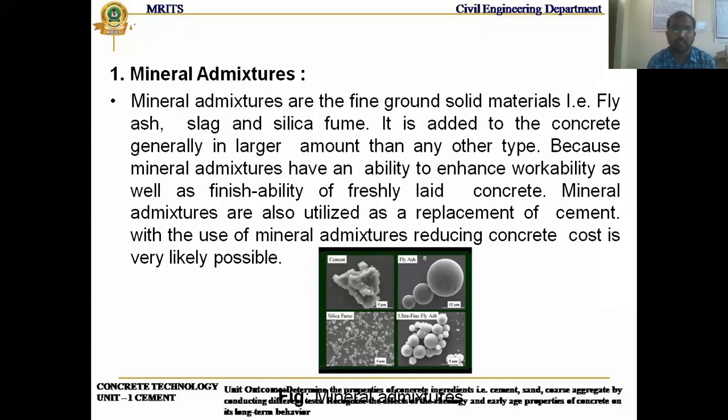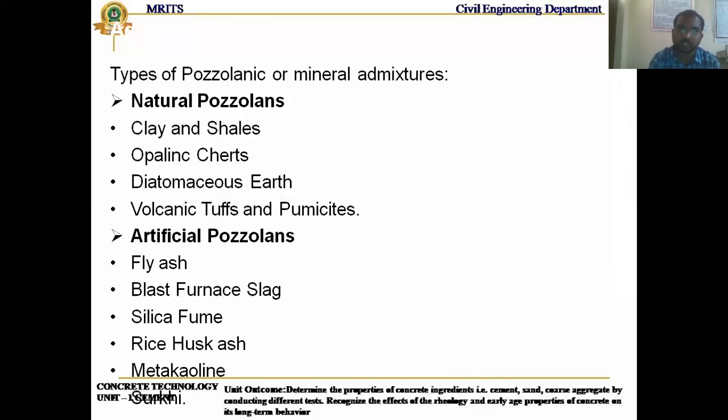Mineral admixtures are also utilized as a replacing material for the cement in many concrete structures. So we can reduce the cost also by using these mineral admixtures in concrete structures.